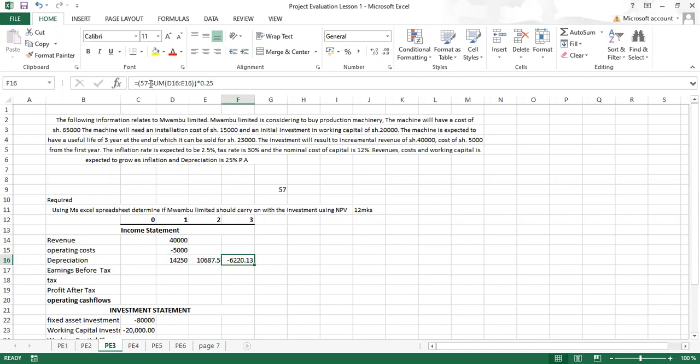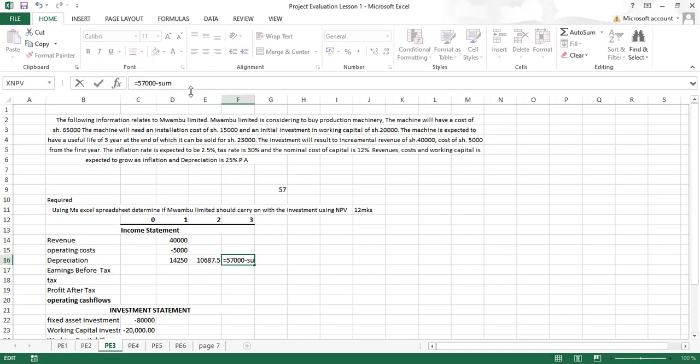Why is it coming a negative? The depreciation cannot be a negative. 57,000 yeah, minus the sum of, sorry, you see, if you don't put equal signs, you can always correct up from here, from the function tab there.